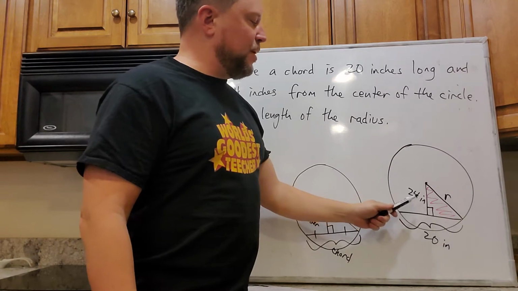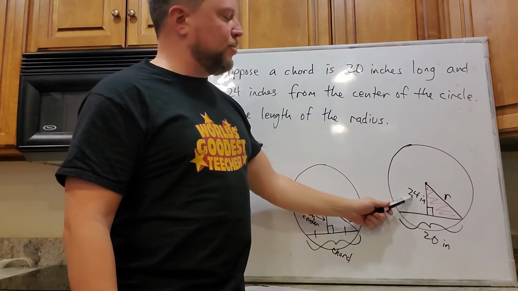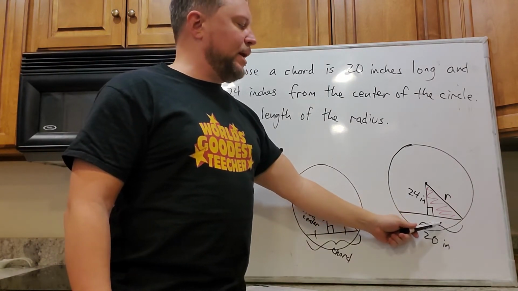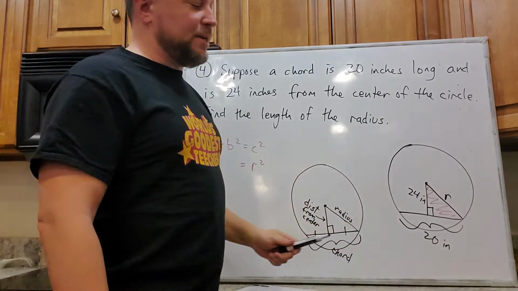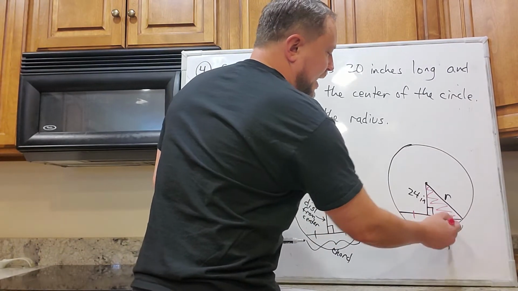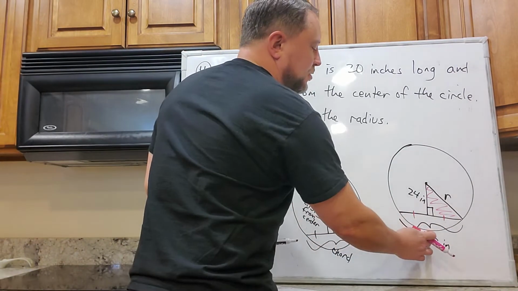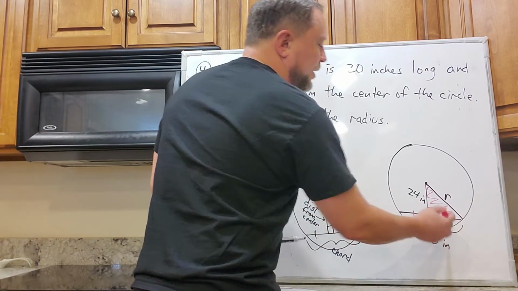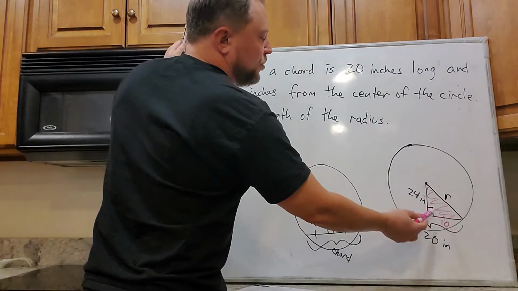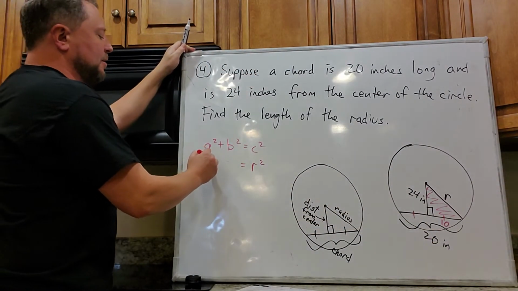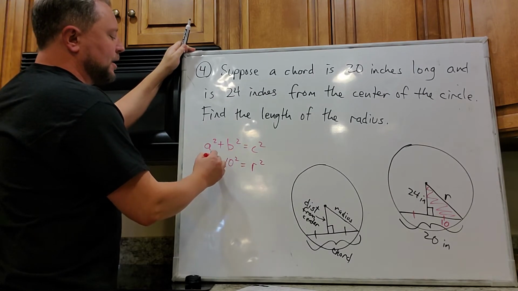My legs for my right triangle are 24, but be careful down here. That's not 20. Do you see that this gets split into 2 equal halves? So instead of 20, this would be only 10. So when you plug into the Pythagorean theorem, put in 24 and 10 for your legs this time.